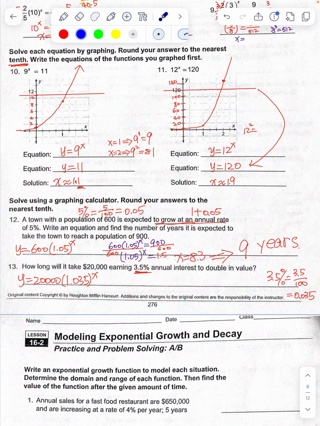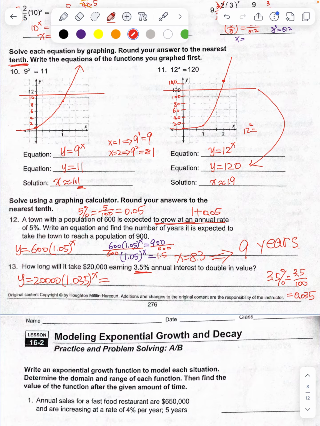So 20,000, use the calculator, multiply this, and then multiply again and again, and you keep track, until you reach the point where the value is going to double, going to be 40,000. Until you reach that number.